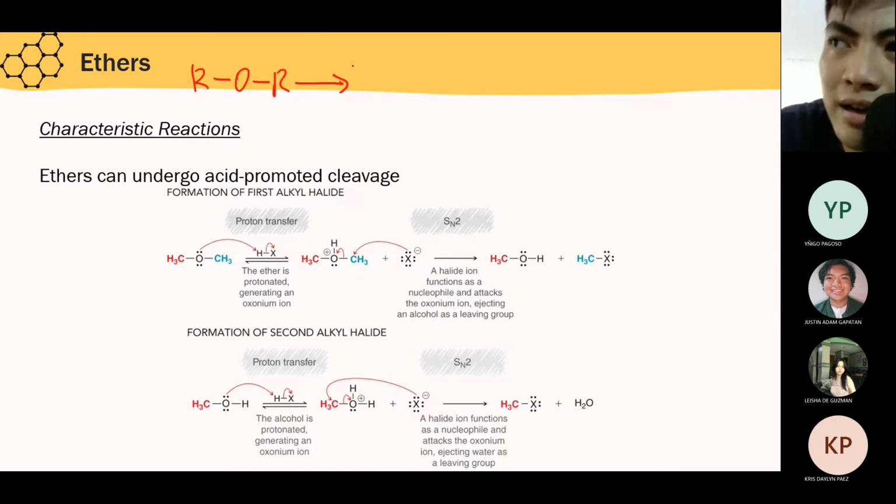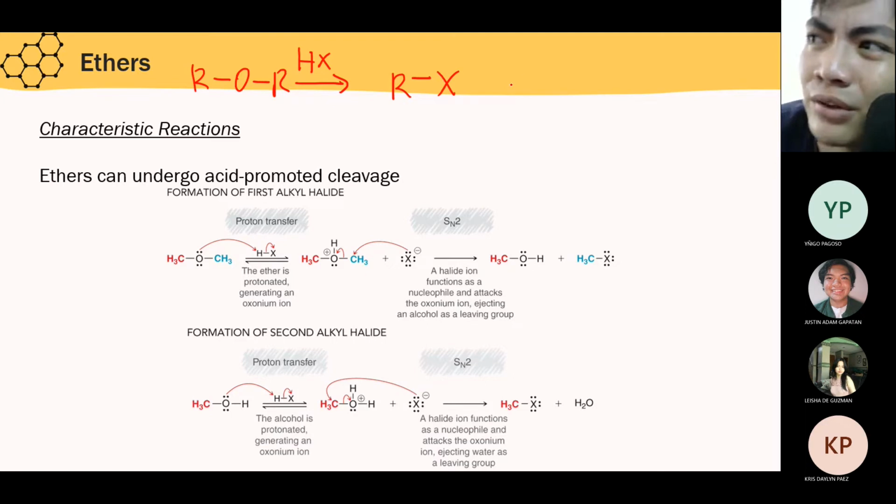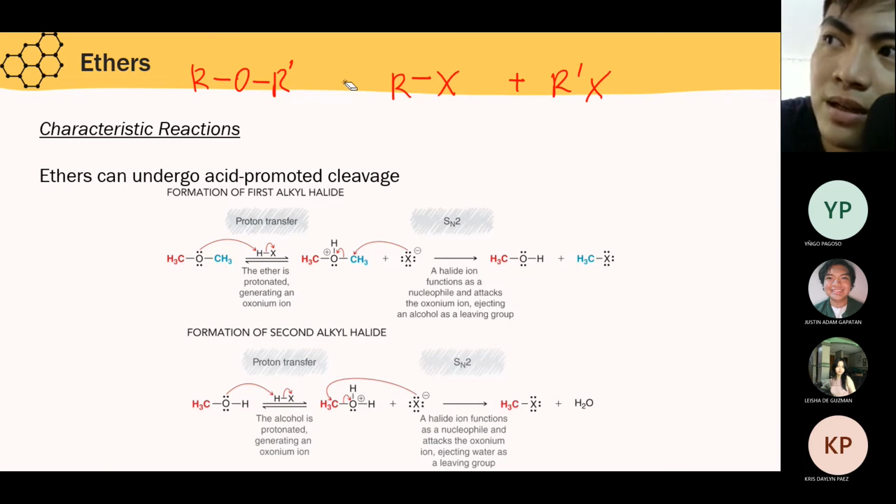You react it with your acid HX. Ang mangyayari dyan is magiging RX yan, and another R prime X. So, dalawang step yan nangyayari actually. Okay. So, mangyayari lang dyan yung R, dudugtong sa X. Then, itong kabilang R, dudugtong din uli sa X.